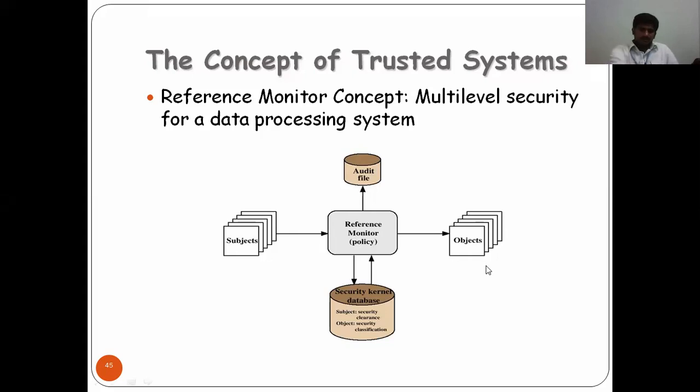This is the subjects and this is the objects. How do we access through the reference monitor, and how do we audit the files? Multi-level security is provided on the basis of data access. That is why, before talking about these systems, we talk about data access, and the various levels of access to the data.